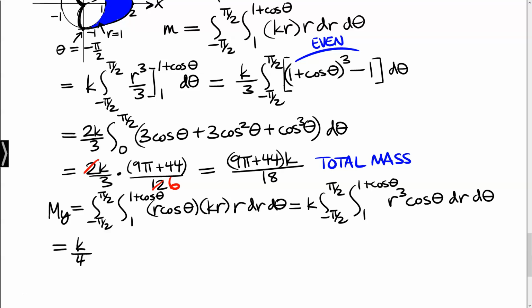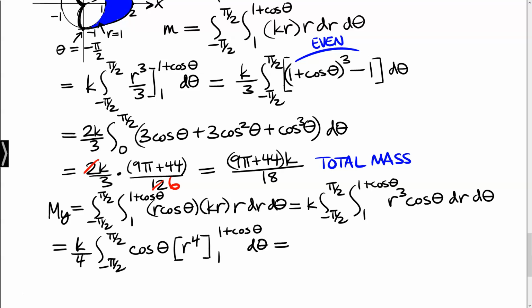So what we end up with is k over 4 times the integral from minus pi over 2 to pi over 2 of cosine theta times r to the 4th evaluated from 1 up to 1 plus cosine theta d theta.